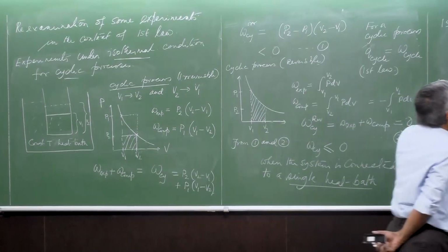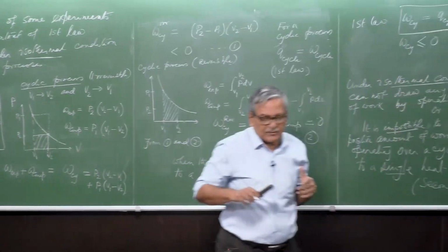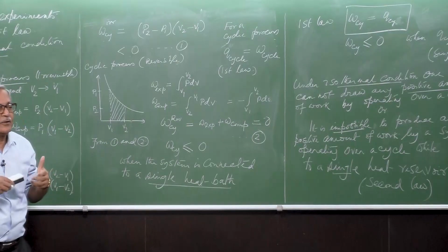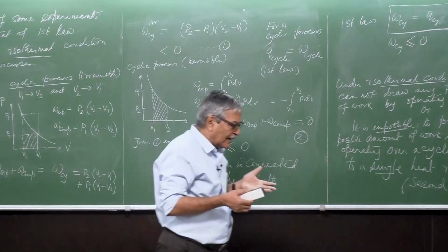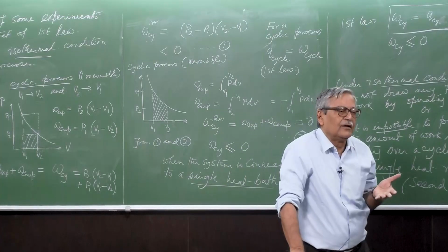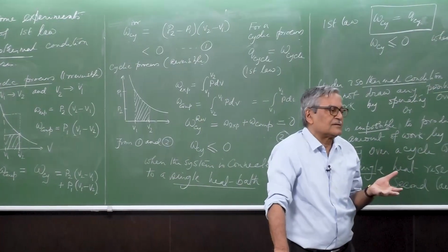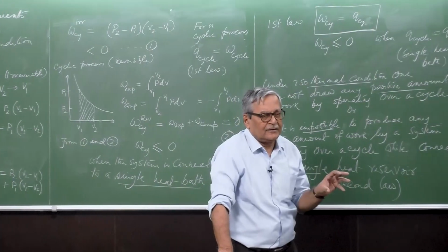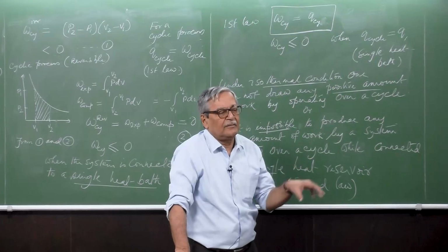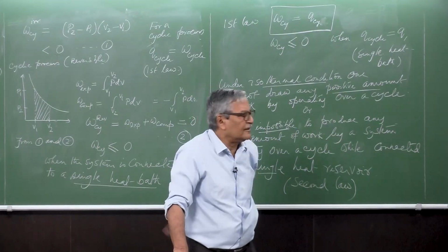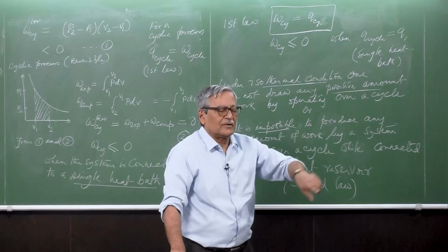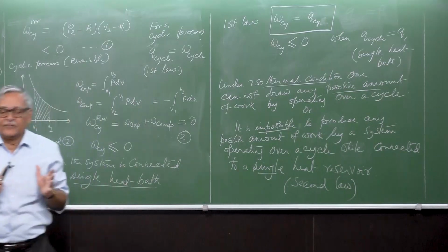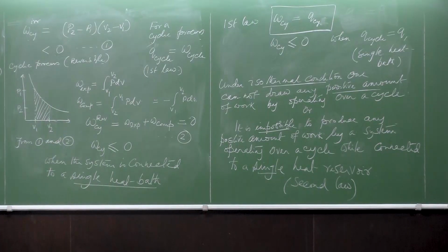But this does not make any reference to the internal energy, because we are interested in cycles, since we want an engine which gives us work out of heat. You put heat into that engine or working medium, and then you get something out of it. I want the system to come back to its original position, so there is nothing to do with the internal energy at that moment.